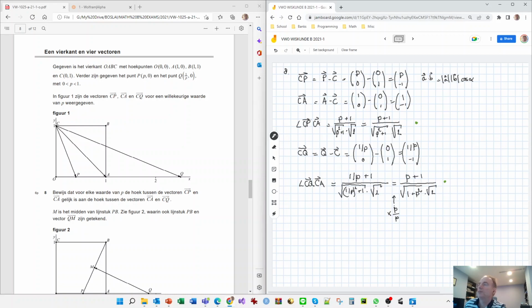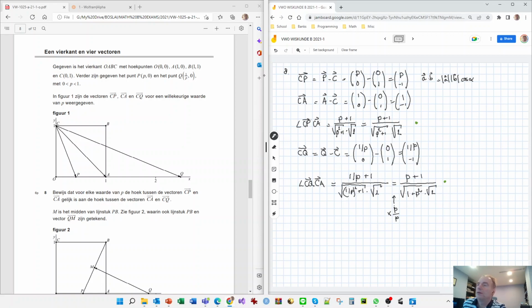But in this case, it's probably most straightforward to use some vector math that is also part of the material. And in particular that, since they're talking about angles, the angle between 2 vectors can be gotten from the inner product. This is some knowledge that is required. So let's do that.